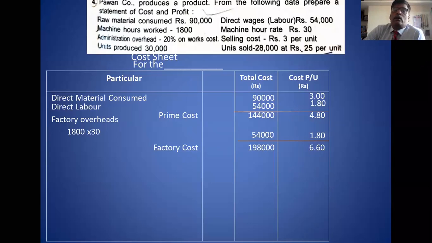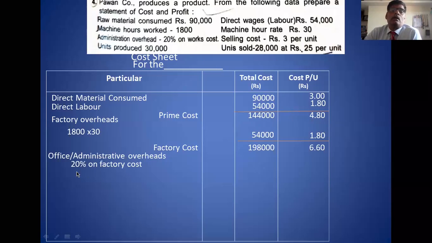Then to this factory cost, you have to add administration overhead. Administration overhead is 20% on work cost, 20% on factory cost. Work cost, factory cost, production cost, same. Calculate 20% of factory cost.